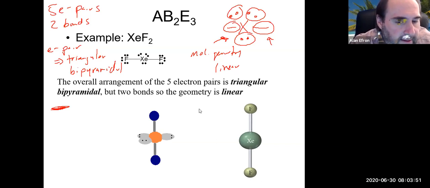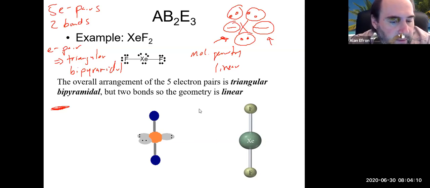Okay, so we were talking about geometry here, and we started talking about it last time. Remember that we can identify the geometry for our molecules based on the Lewis structure that we draw.